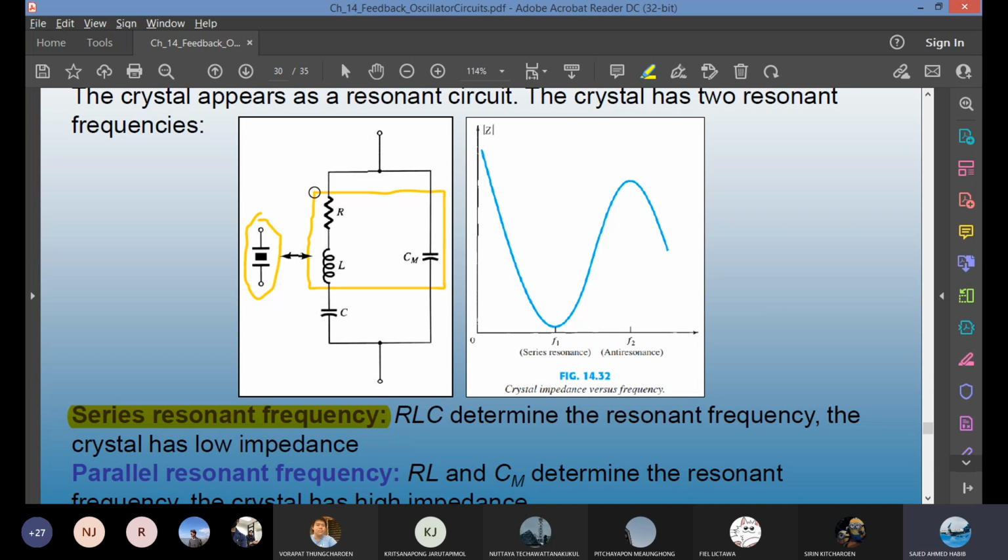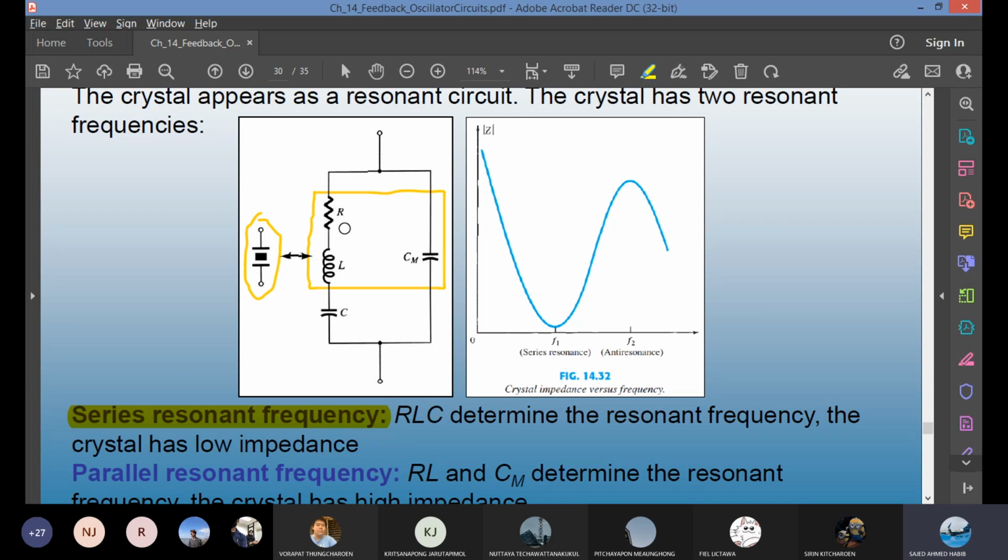So how do you know if the crystal will be in series resonance or parallel resonance? You have to excite the crystal. To activate the crystal means to excite it. In order to excite the crystal for operation in series resonant mode, you may connect it as a series element in a feedback path. If you have a crystal in a feedback loop and it is in series with respect to the rest of the feedback elements, you can excite the crystal to be at the series resonant frequency.